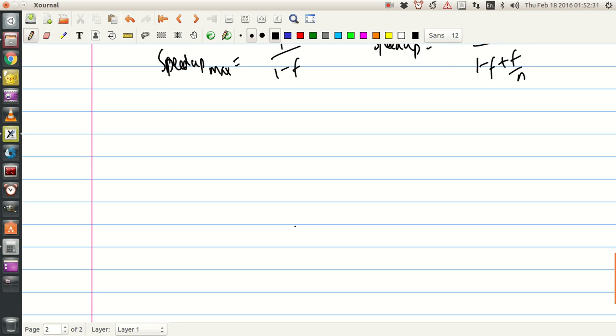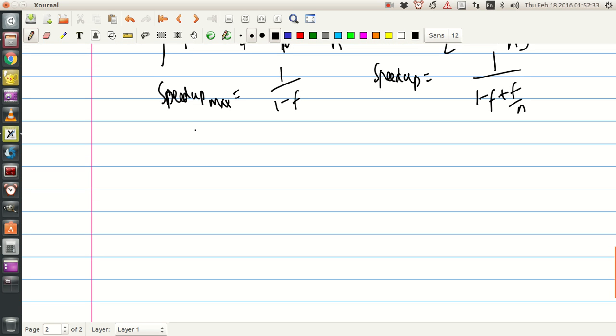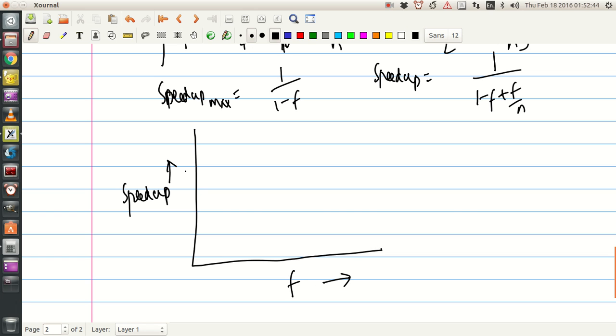So if I were to make a plot between speed up and f, initially, when f is 0, your speed up is 1, which is your standard benchmark.